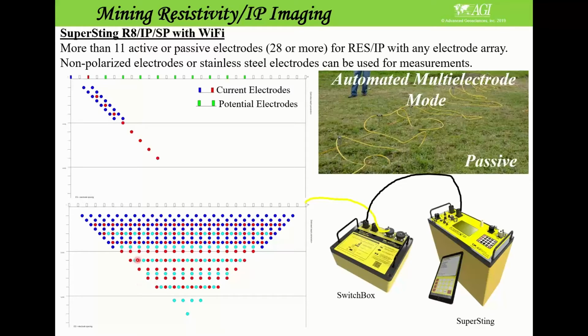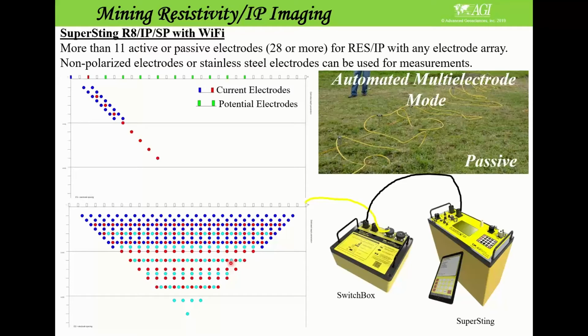That means you're also getting double, not the same positioning. The data distribution is covering more areas. So this will give you more confidence, and when the time comes for data processing, you have a good option to eliminate some noisy data, and you get much better results.